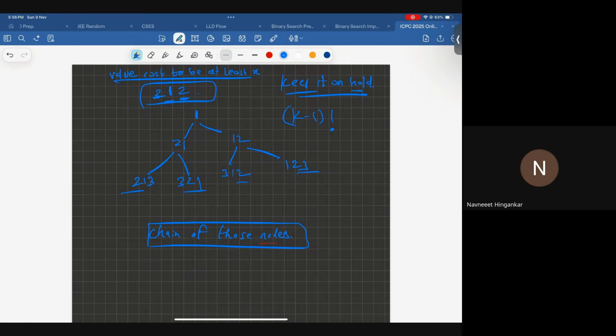And if I label this chain with 1 2 up to x minus 1, my cost will be at least x. This was observation 1.